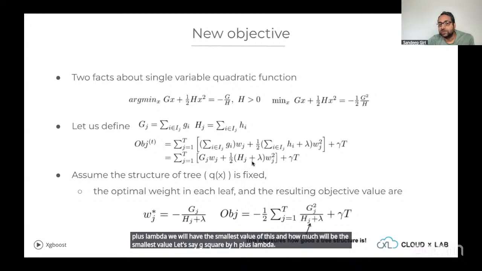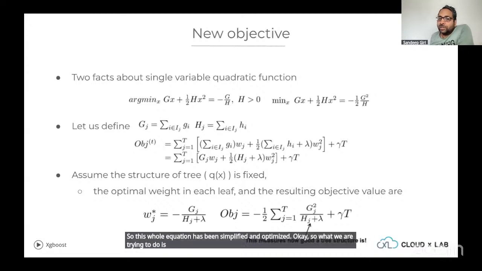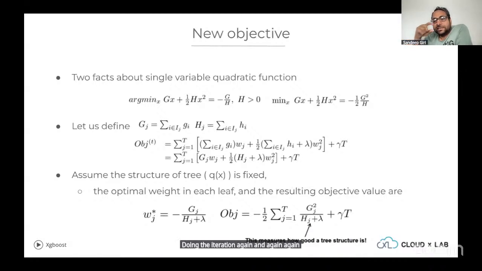So this whole equation has been simplified and optimized. What we are trying to do is figure out an optimal objective function which will be the minimum, and we are doing that minimization right away. Rather than doing the iteration again and again, here we are doing the prediction using calculus.